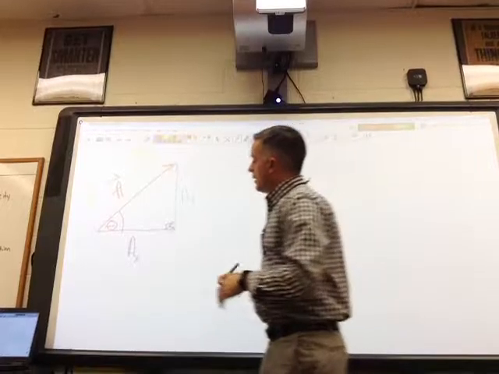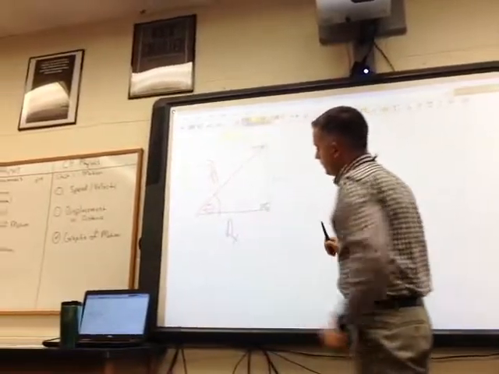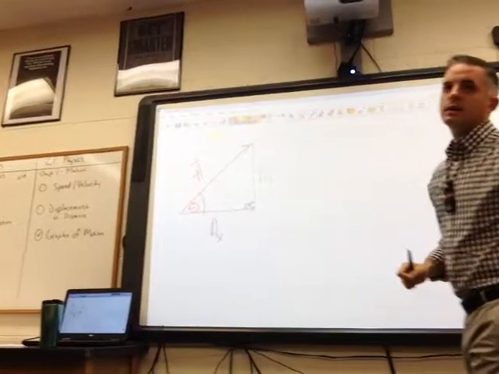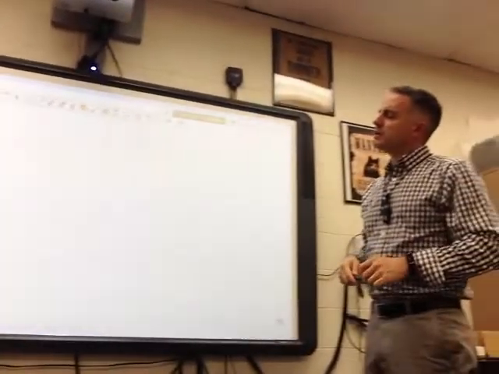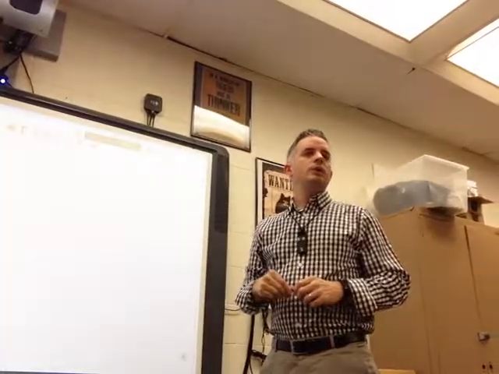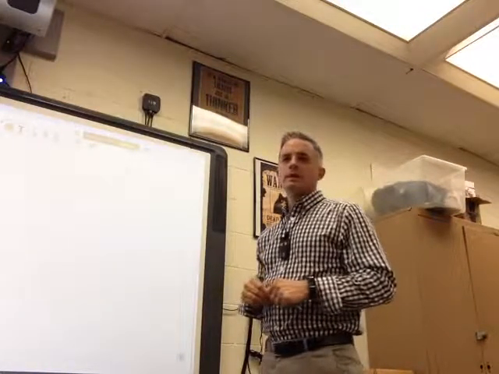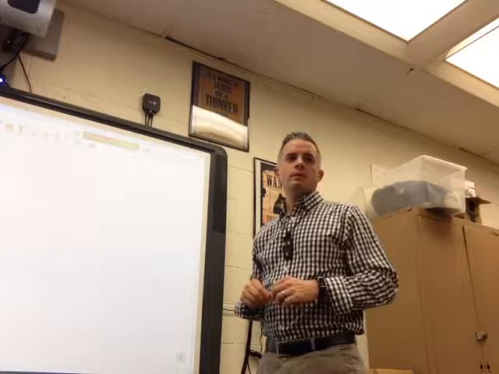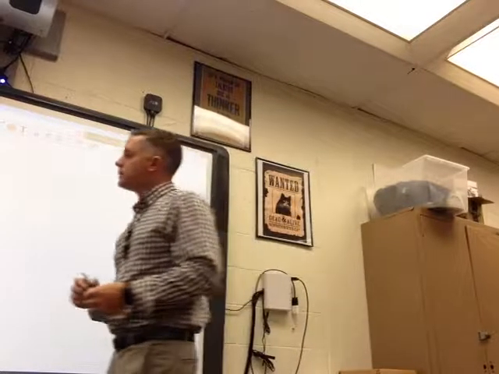So if I look at this, I'm dealing with A, theta, and A sub x. Just looking at that and thinking about SOHCAHTOA, what trig function do you think is going to help us? What do you think, Austin? Cosine, right? It's going to be cosine.